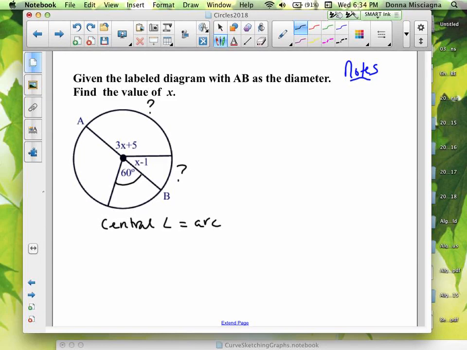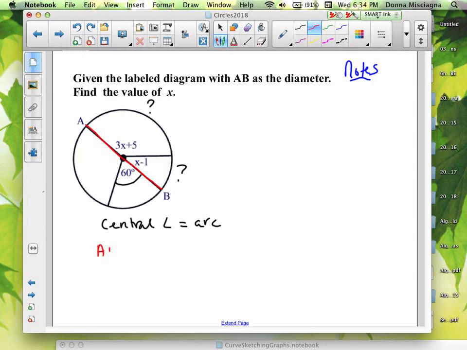So what do we know? We don't know those individual arcs other than that 60 degrees here. That's not very helpful. But I do know I have a segment that goes through the center of the circle, right here, AB. That's the diameter.